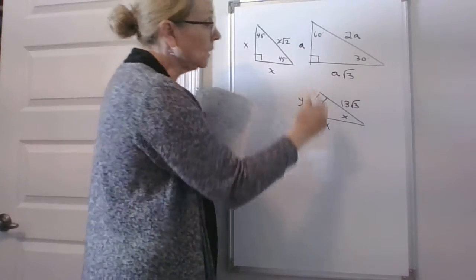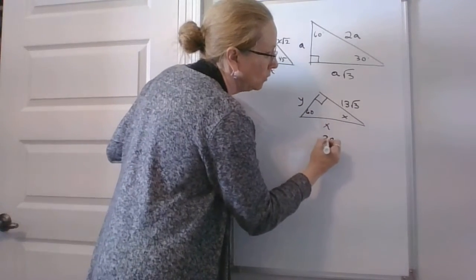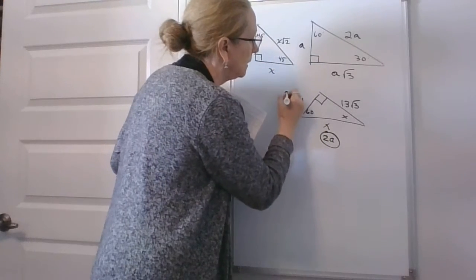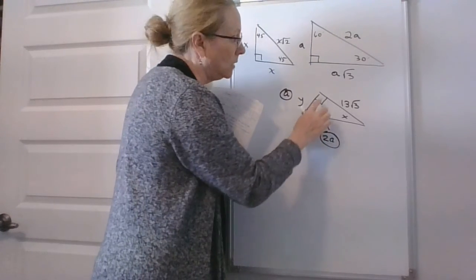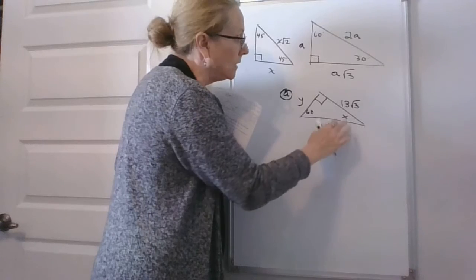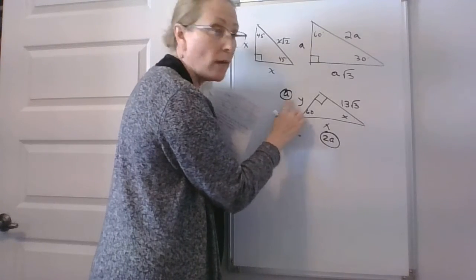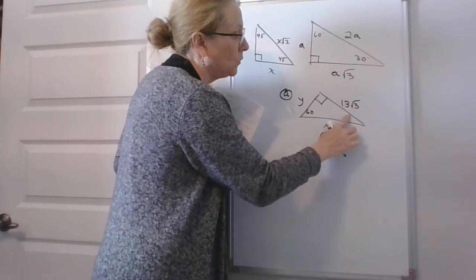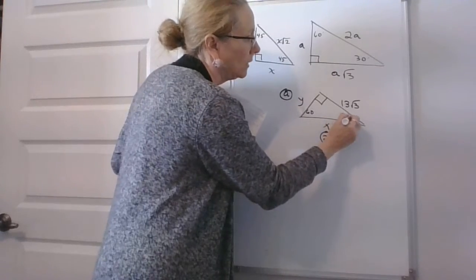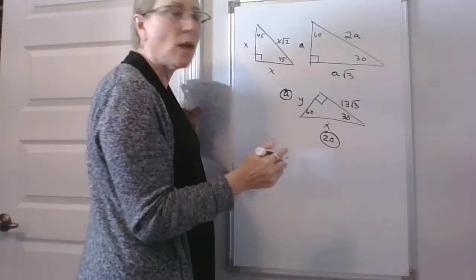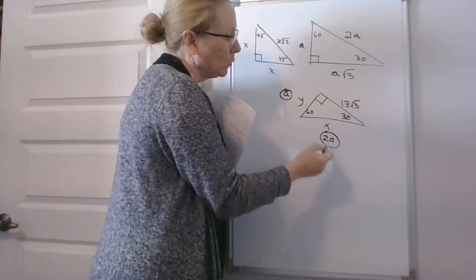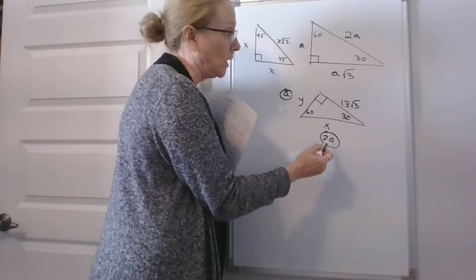Now, the formula says this is 2a and this is a. I know that because this is the hypotenuse, the longest side, and this is the shortest side opposite the 30-degree angle. I don't know why I put x there. Crazy. All right. So that's the shortest, and this is the longest twice as much.